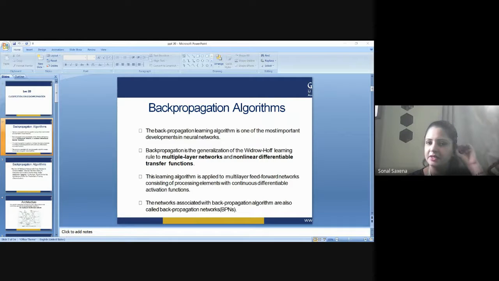We have seen neural networks consist of several neurons, with an input layer, some hidden layers, and then an output layer.